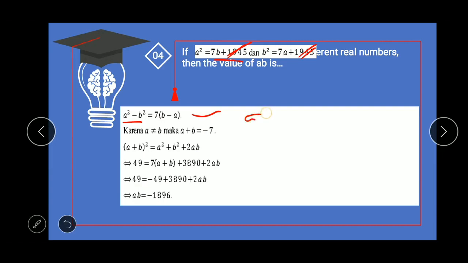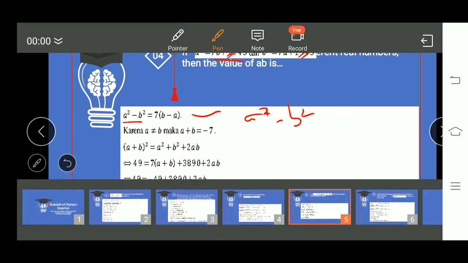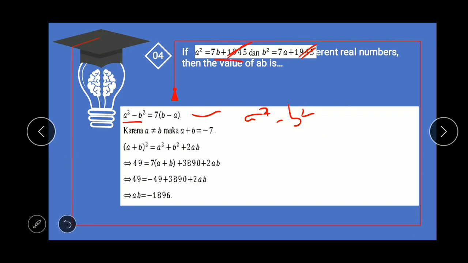For example, a squared minus b squared, and if we describe this form, we can cancel at that time, but maybe you can try to work it out on your paper.